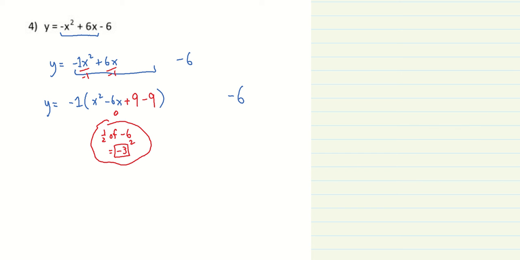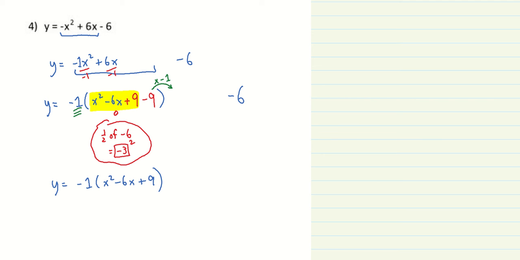In the next step, I'm going to bring out that number that doesn't need to be there, -9 in this case. But on its way out this time, I'm going to multiply it by the -1 in front, so that sign is going to matter. So in the next step, y is equal to -1 times x squared minus 6x plus 9.